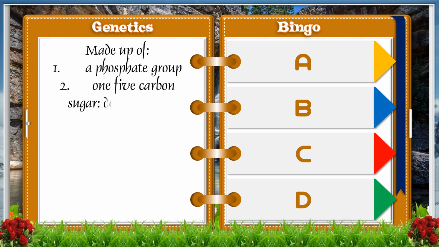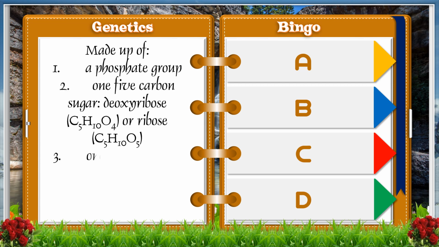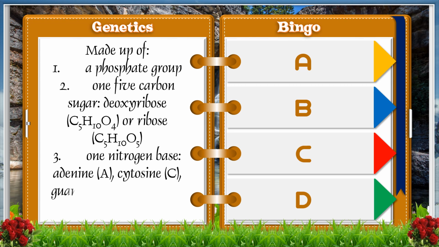Made up of 1. A phosphate group. 2. A 5-carbon sugar that can be deoxyribose or ribose. 3. A nitrogen base, which can be adenine, cytosine, guanine, thymine, or uracil.